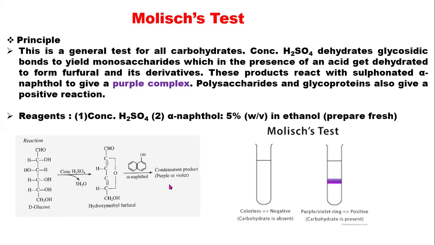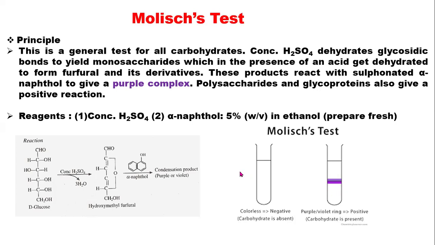And this is basically the color that you are going to observe. For negative tests, it is going to be colorless, and for a positive carbohydrate sample, you have a purple or violet ring forming.